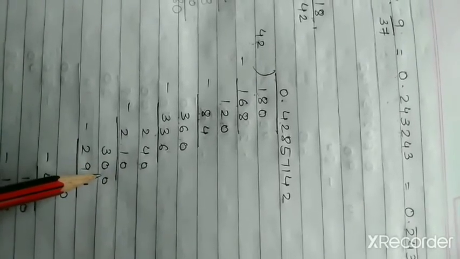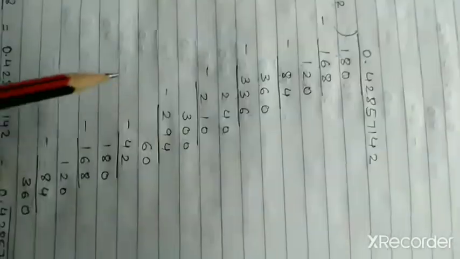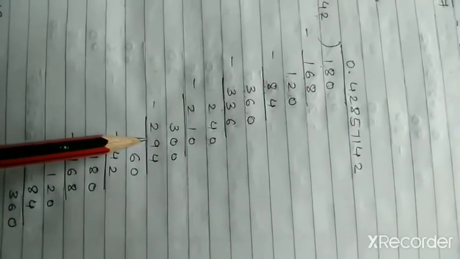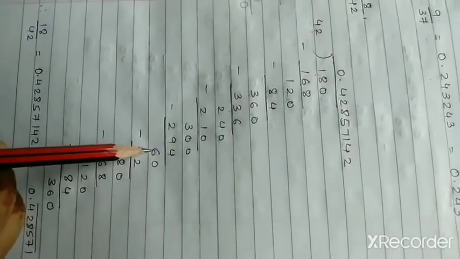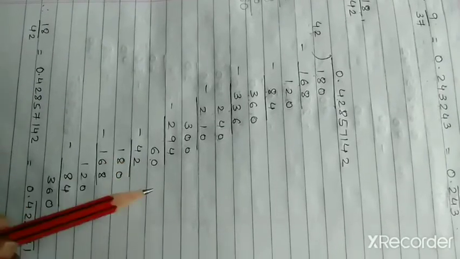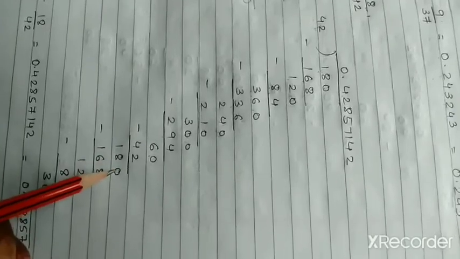Again, adding a 0 because this number is smaller than 42, this becomes 300. 42 7s is 294. On subtraction, 300 minus 294 is 6. Adding a 0, this becomes 60. 42 1s is 42. 60 minus 42 is 18. Adding a 0, 180.